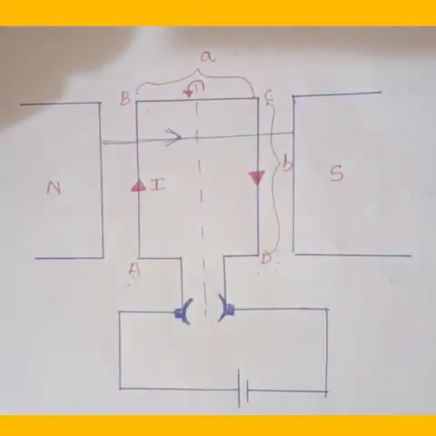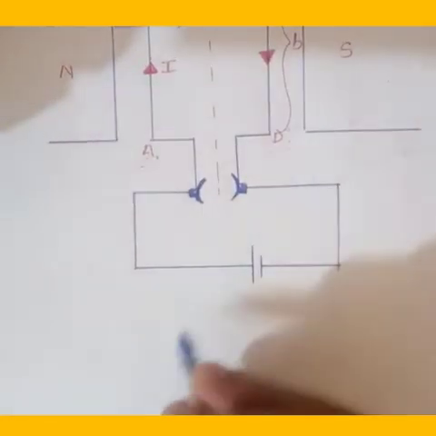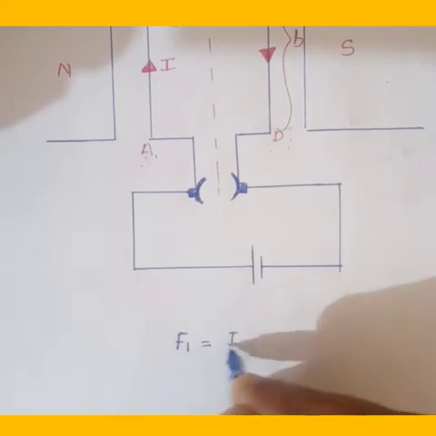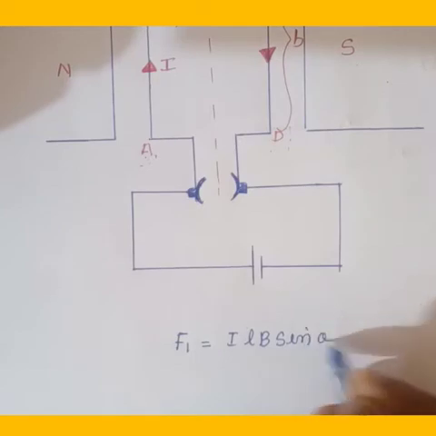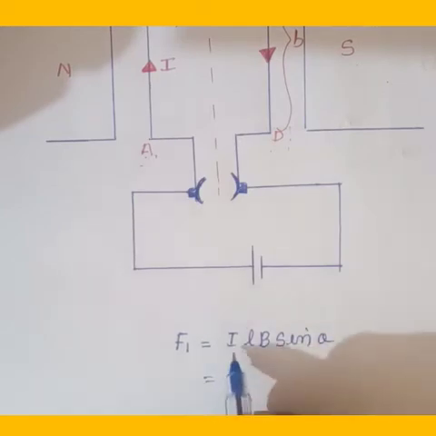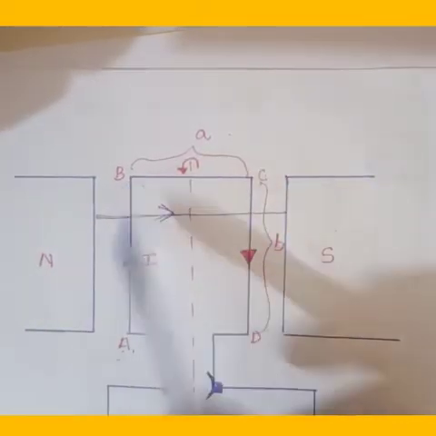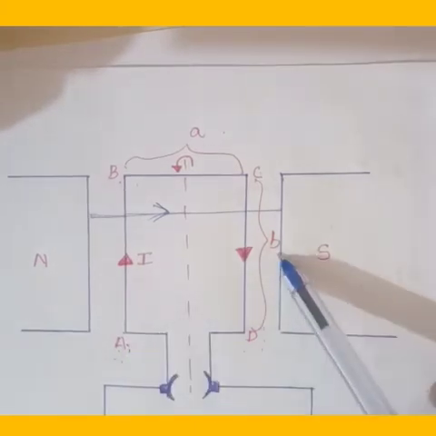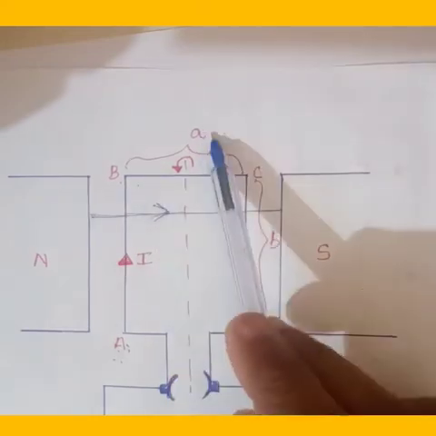The force exerted on the arm AB is denoted by F1. F1 is equal to I L B sin theta. Here I is the current and L means length. The length of the rectangular loop is b and the breadth is a.